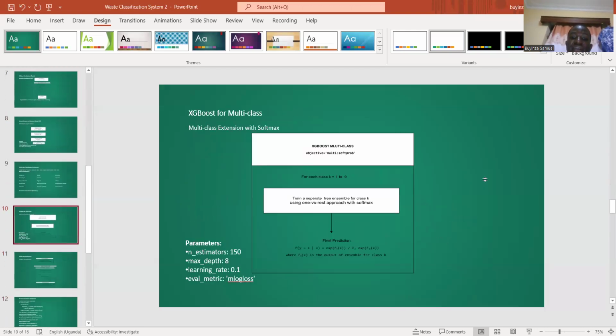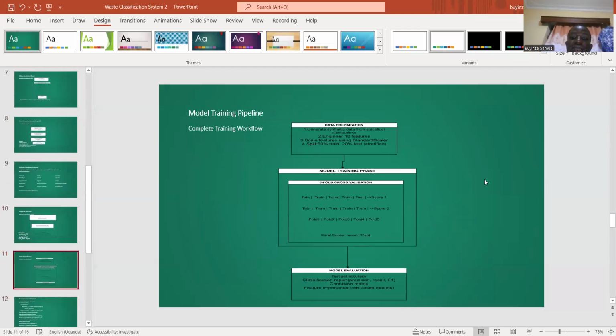Then we scale the features, using the standard scaler. Then the split percentage, that is 80% for training, then 20% for the test. Then the split itself is stratified as we look at the model.